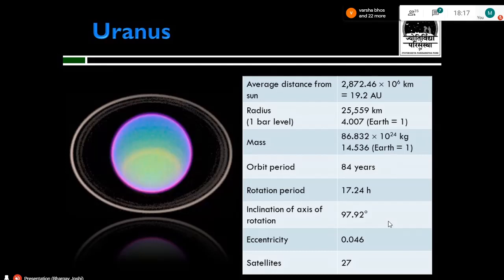Where other planets have their equators, Uranus has its poles. So only one part of Uranus is exposed to the sun while the other is in dark. That is another scary phenomenon on Uranus. Apart from that, Uranus is also a huge giant, and it is called an ice giant. The diameter of Uranus is 4 times the diameter of planet Earth.